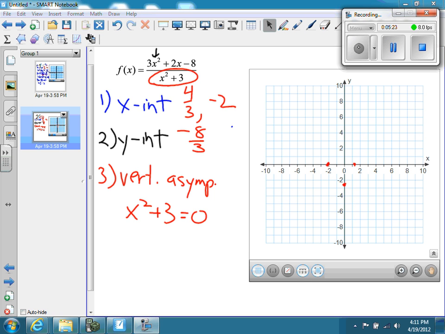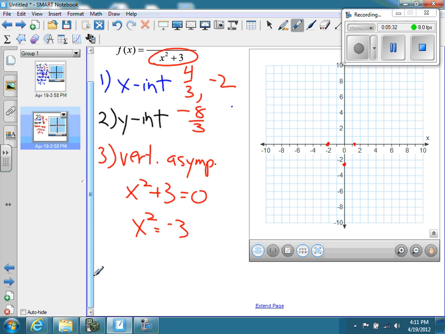Let's solve that. x squared equals negative 3. Take the square root of both sides. I'm going to get x is equal to plus or minus radical 3i.